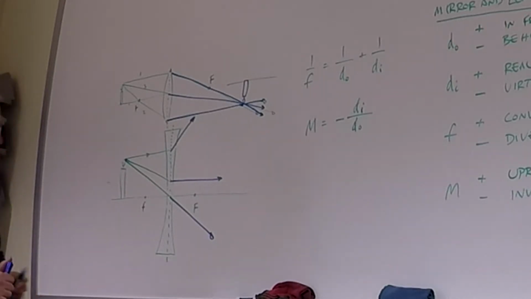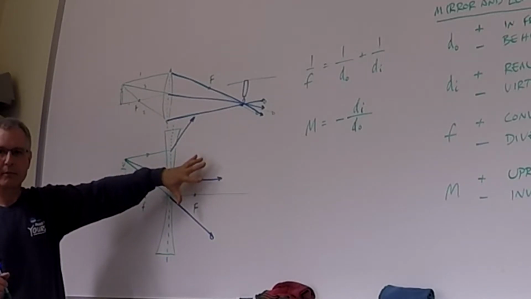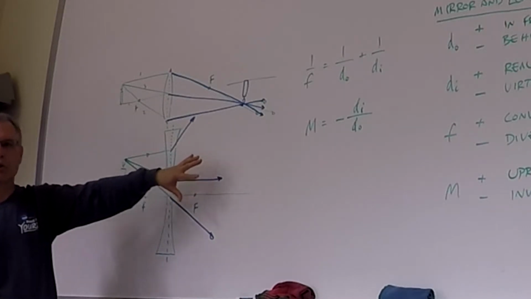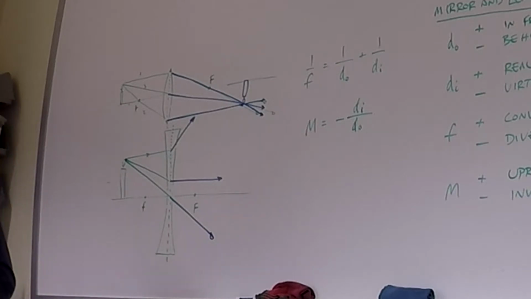So what does that mean when I look over here and go, wait a minute, they don't cross over here? I'm going to still contend they do cross, even though they spread out over here. Now what? Yep, that's when you extrapolate them backwards to the other side.